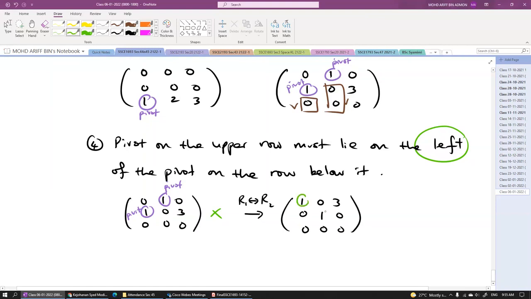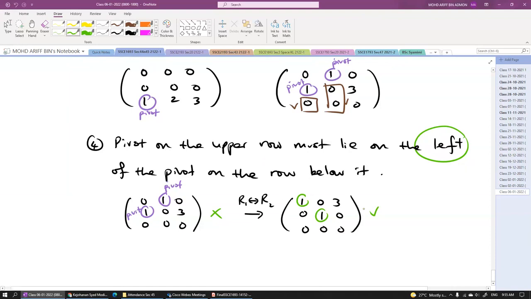This is your pivot, this is your pivot. So we compare the position. Now the pivot of the upper row is located on the left of the pivot of the row below it, the second row. So this satisfies our condition number 4.